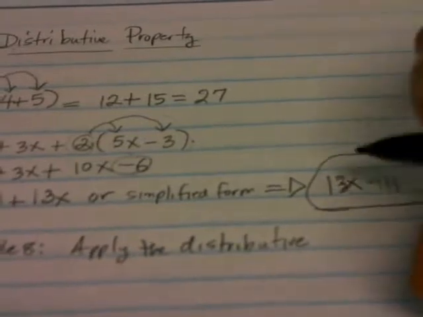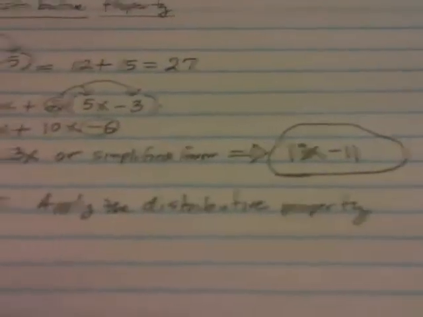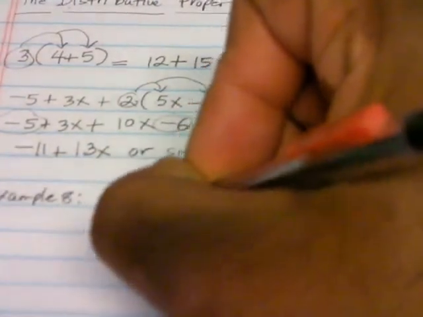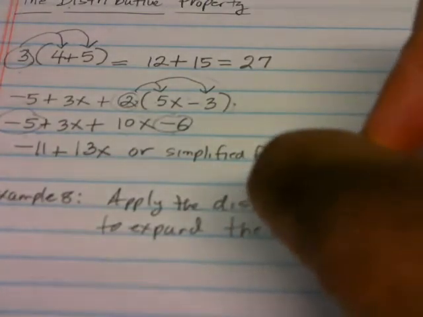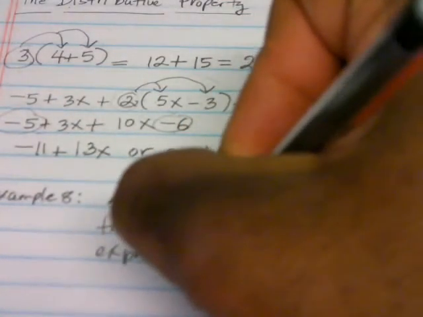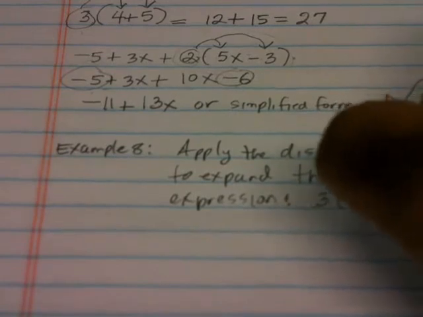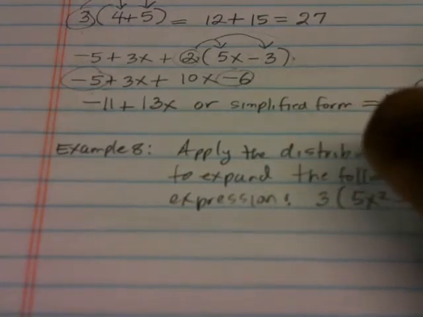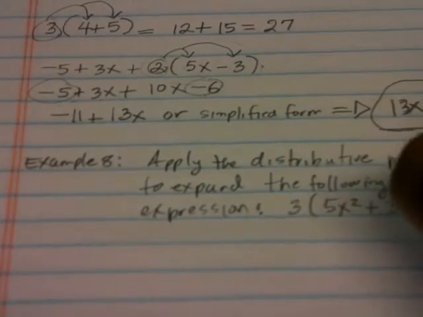Apply the distributive property to expand the following expression. The expression is 3 times 5x squared minus 3x plus 3, excuse me, minus 3.